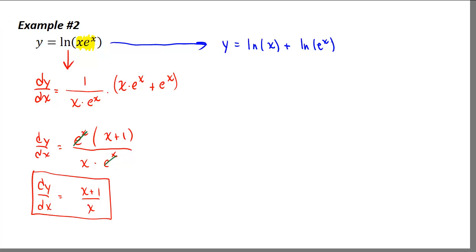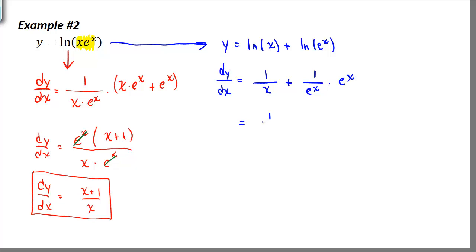And in fact, if we were to just take the derivative as is, the derivative of ln of x is 1 over x. The derivative of the ln of e to the x, well, that still requires a little bit of chain rule. 1 over the stuff times the derivative of the stuff.